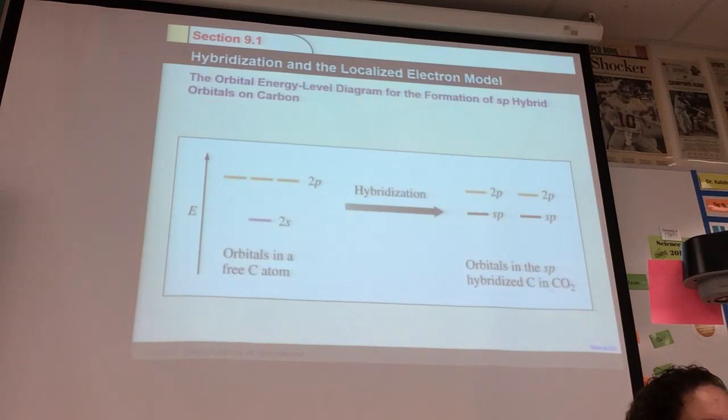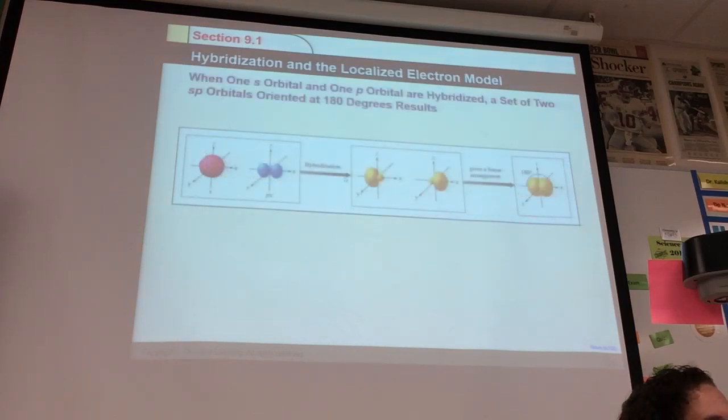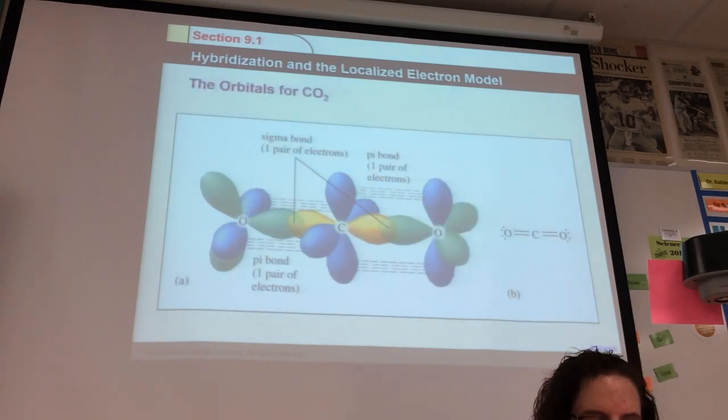And you'll see this, for example, in carbon dioxide. Anytime you have a triple bond, you've got to have sp hybridization. So you're going to blend, and you've got 2 of them. You're going to have linear electron group geometry with a bond angle of 180. You're going to see this, for example, in carbon dioxide. We'll take a look.